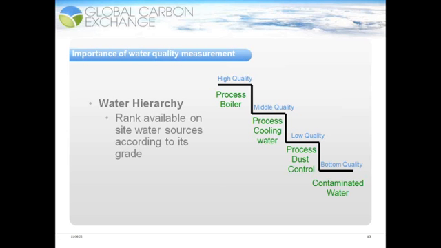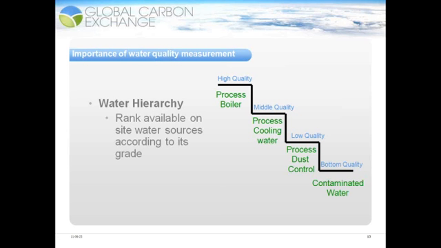So to keep in mind here, you can use a higher quality water source as an input to a process which requires a lower quality. However, the reverse cannot be said, that you can use a lower quality water for a process that requires a high quality of water. For instance, something such as a boiler requires high quality water due to the fact that when it is heated and steam is created, a lot of the minerals that were initially in the water get left behind in the boiler when the steam is created.